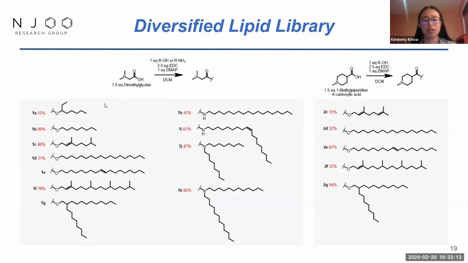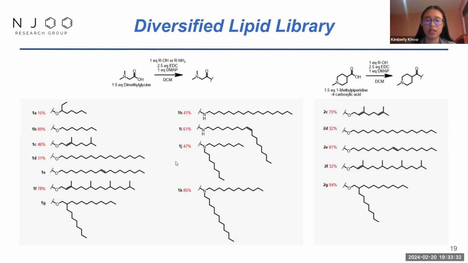We also included our various lipid tails, including saturated, unsaturated, methylated, and branched tails. And finally, as far as the synthetic route goes, we simplified it to just one step.